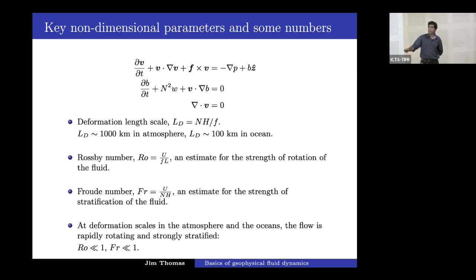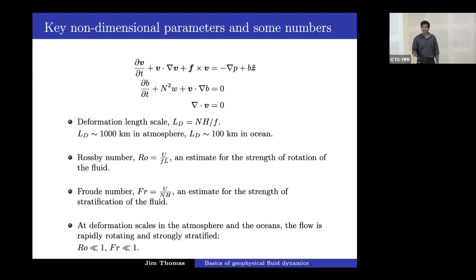L_D is the deformation scale. N over f is typically close to 100. If you put in numbers for H, you get that the deformation scale in the atmosphere is order 1,000 kilometers, and in the ocean it is about 100 kilometers. This deformation scale is a very energetic scale in the atmosphere and the ocean.